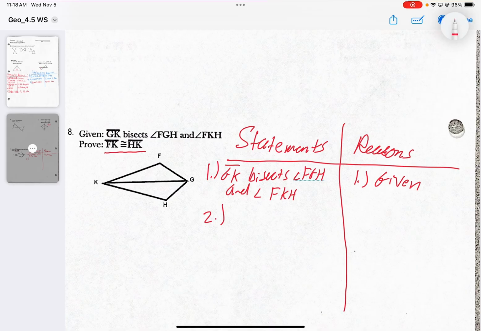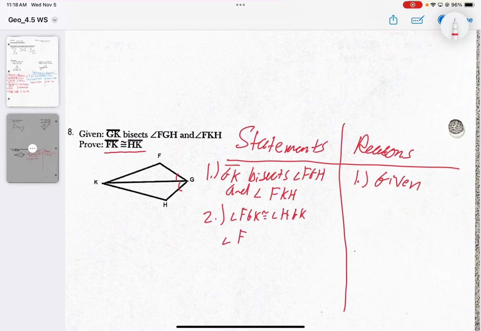So what do you got? Where are my 2 angles? Let's start there. FGK, so this angle right here, and then HGK. Good job, Landon. So then angle FGK is congruent to angle HGK.